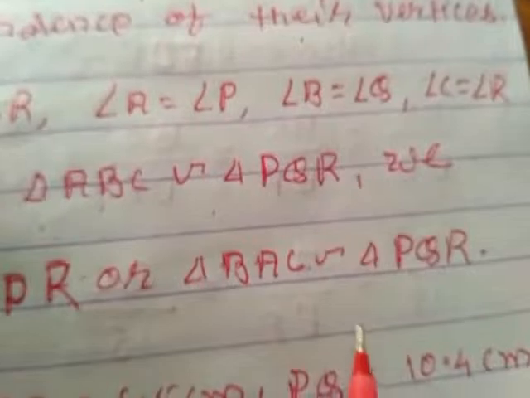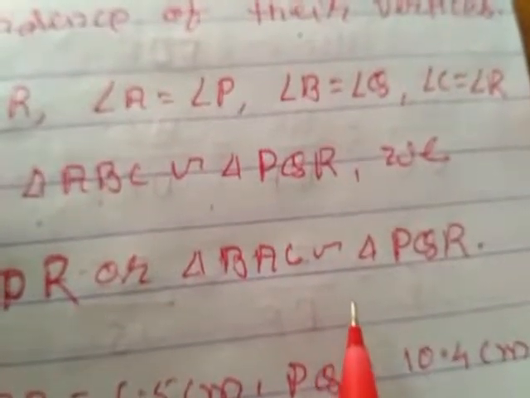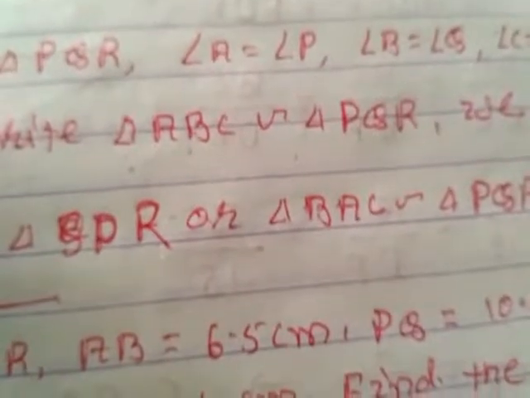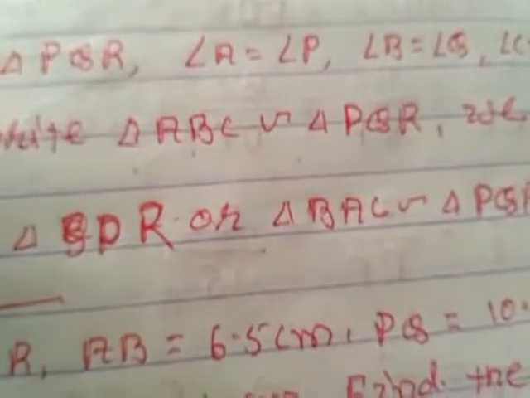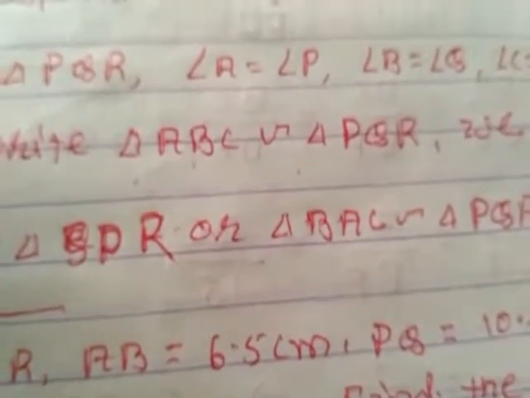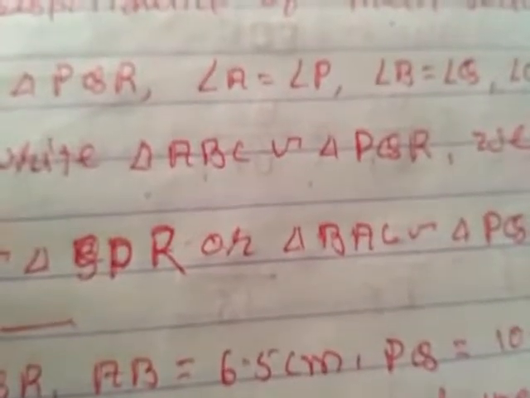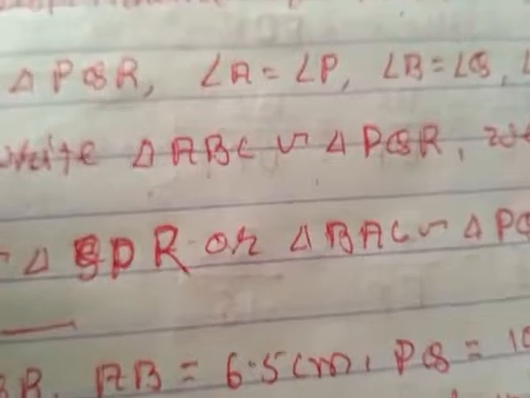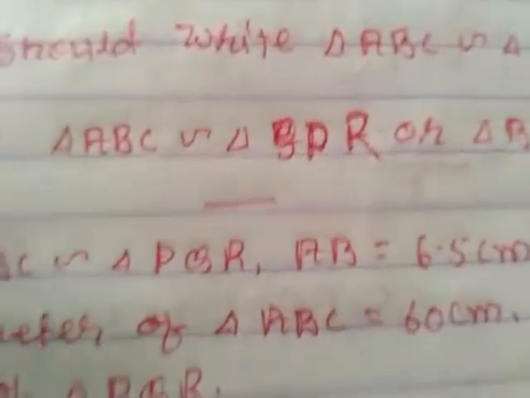So whenever we write similar triangles in symbolic form, we must take care to write their corresponding vertices. Is it clear?